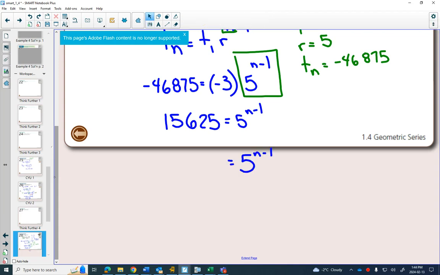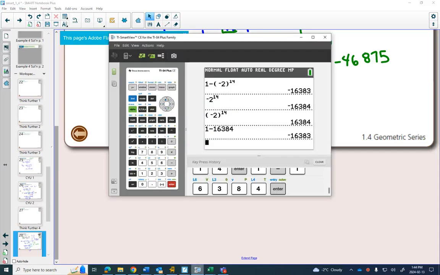And at this point, we know that n has to be a nice number. You haven't learned logarithms from grade 12 yet, so there's no way that we can do this other than educated guessing and checking.